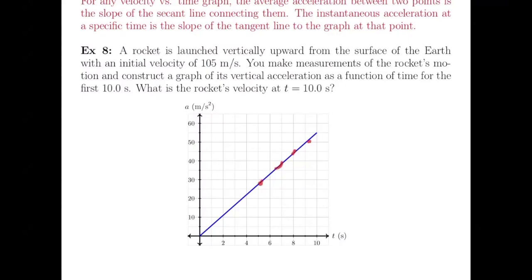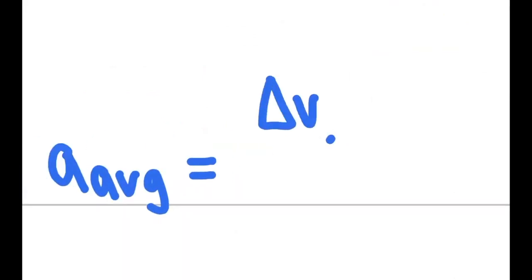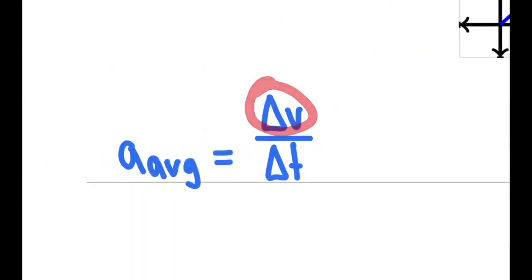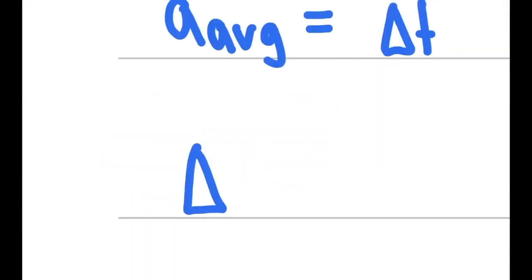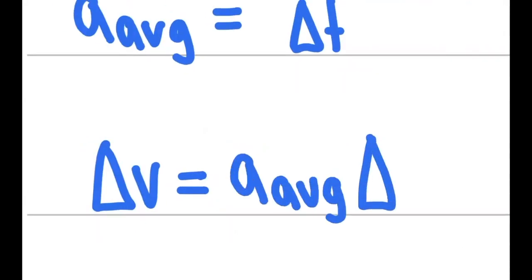And we're given data on acceleration. I need something that relates acceleration and velocity, so I'm going to use average acceleration is delta v over delta t. And we're interested in velocity, so I'm going to multiply both sides by delta t. So average acceleration times delta t.